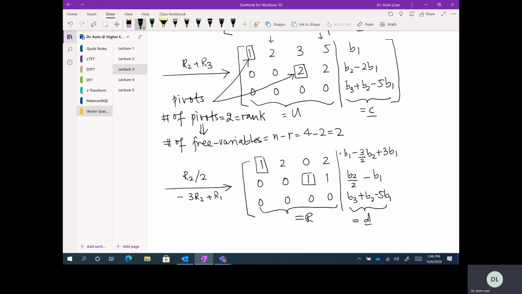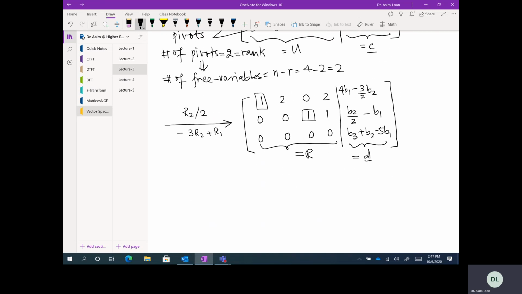So maybe I just do 4 b1 here and get rid of this one, and this is my vector: 4 b1 minus 3 by 2 b2, and this one. Okay.